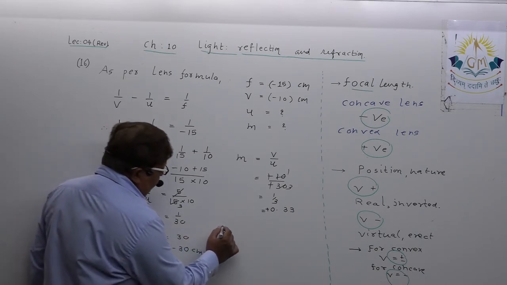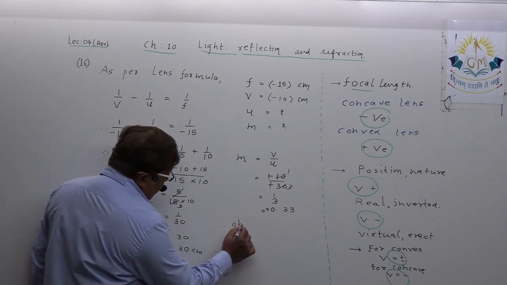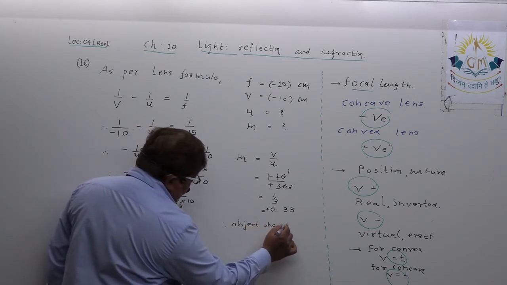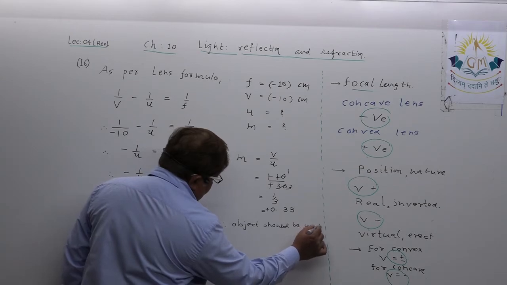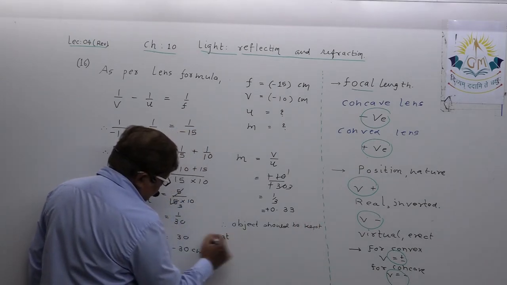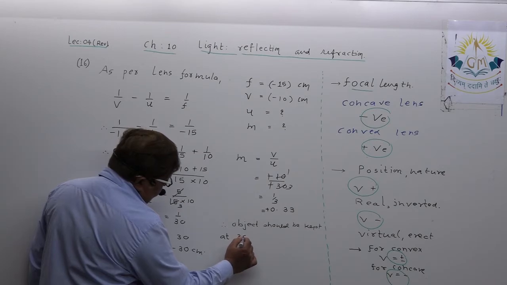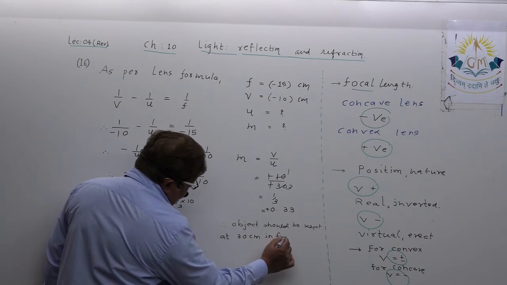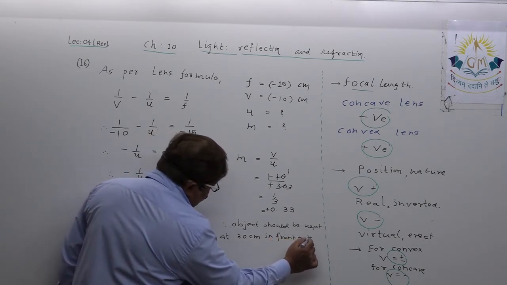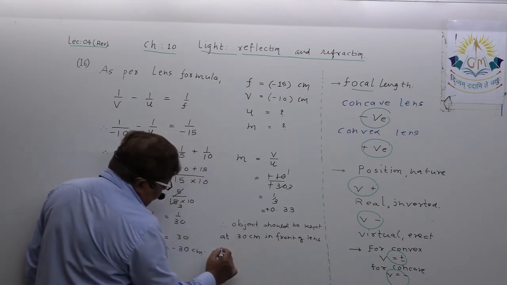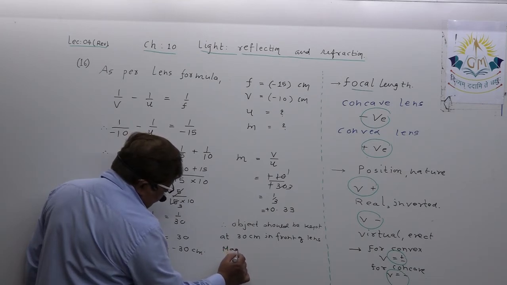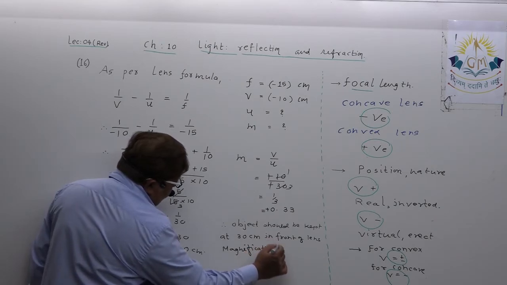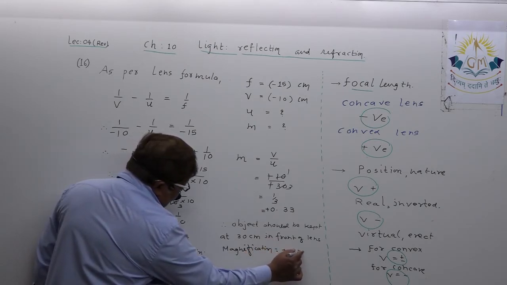So the final answer will be: object should be kept at a distance of 30 centimeter in front of the lens. And what is the value of magnification? Magnification equals to plus 0.33.